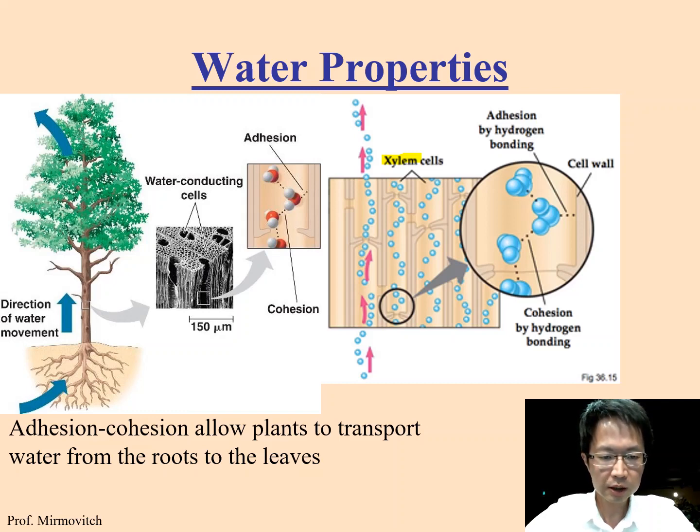The water conducting cell mentioned here is basically xylem. And they use hydrogen bonding for adhesion, because the wall of the xylem is also polar. And they also use hydrogen bonding to connect each water molecule. So this is a real life example of using capillary action, or adhesion and cohesion, in a living organism. We call it a tree.